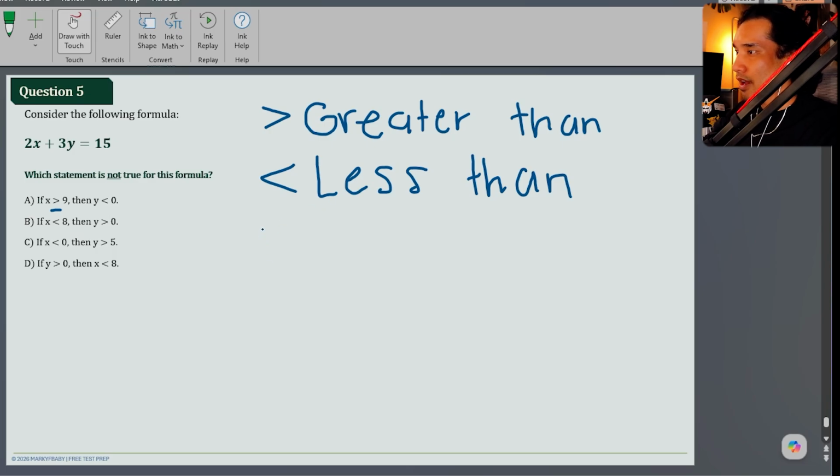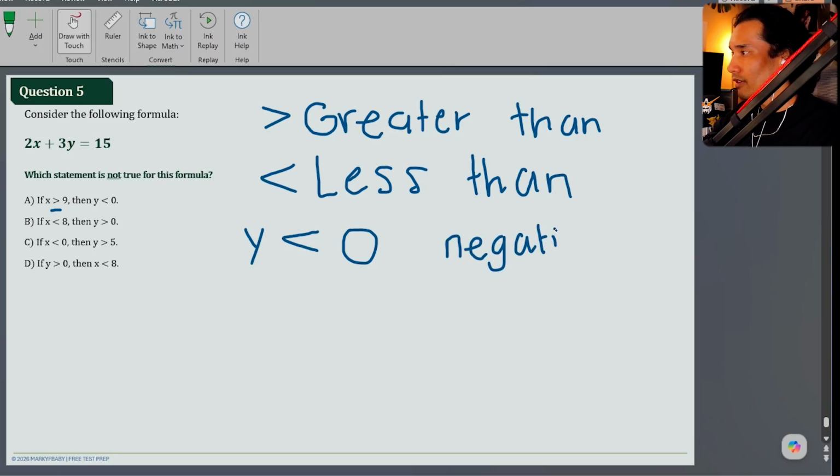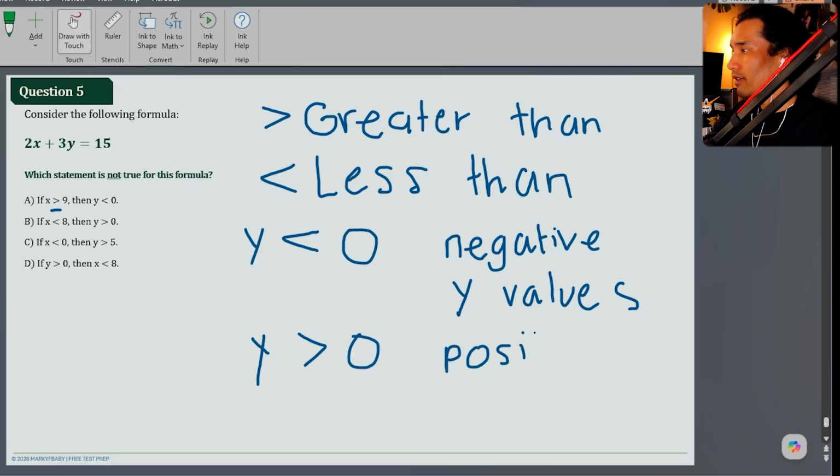Okay, so then I have this right here also. Y is less than 0. Okay, what this means is y values less than 0, and y values less than 0 means negative y values. Okay, and this one right here, y greater than 0, means positive y values.